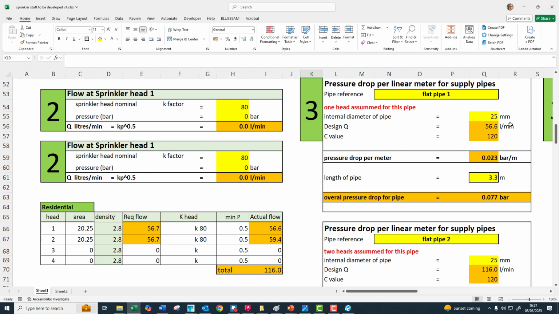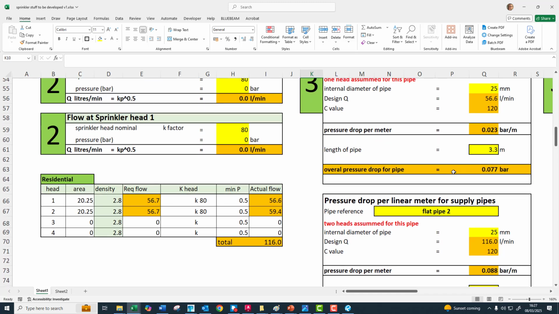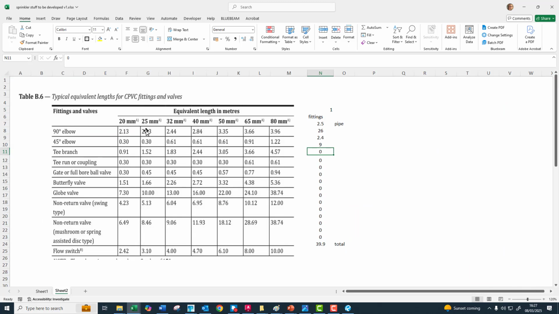Now I know technically speaking, as you know from here, the bigger you go, the more pipe equivalency you get. So I'm going to start playing with the pipe sizes, and you'll see what a big difference that makes to the head.